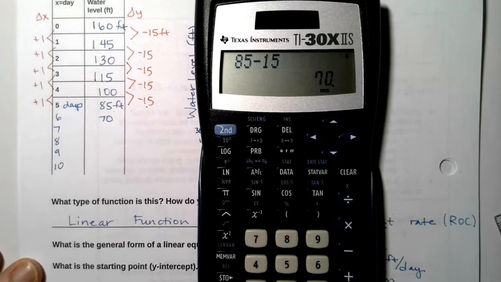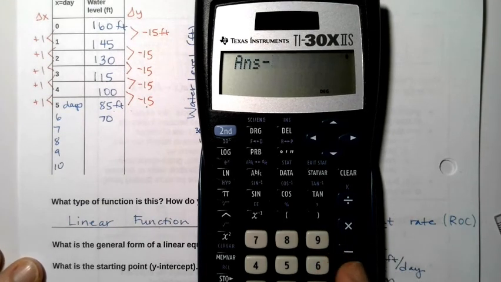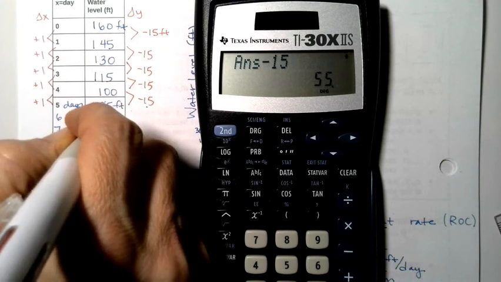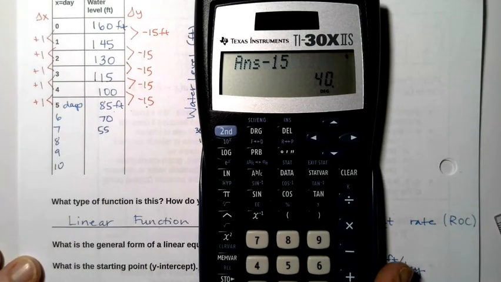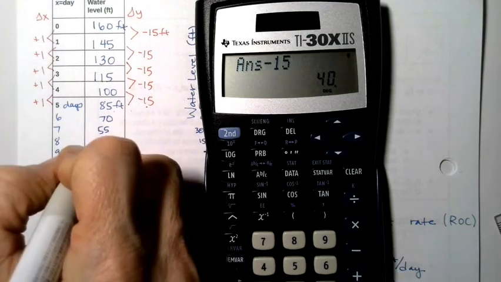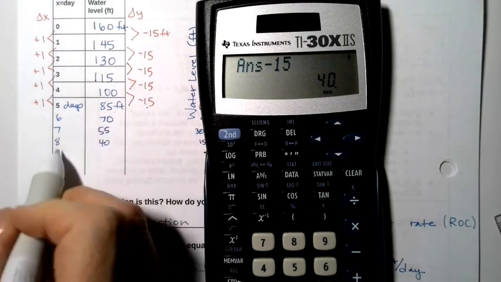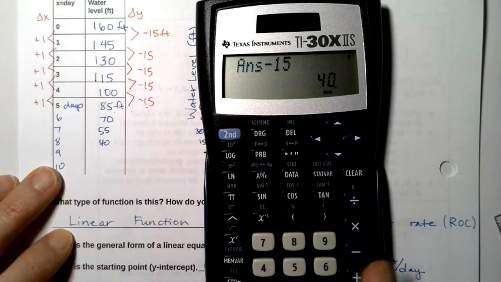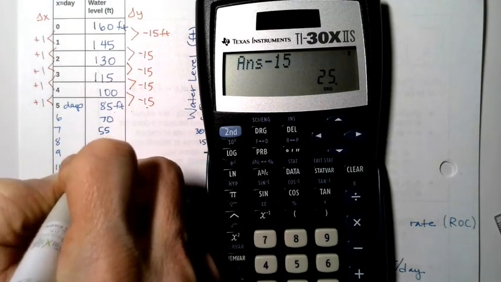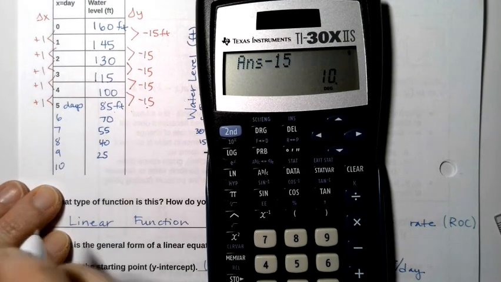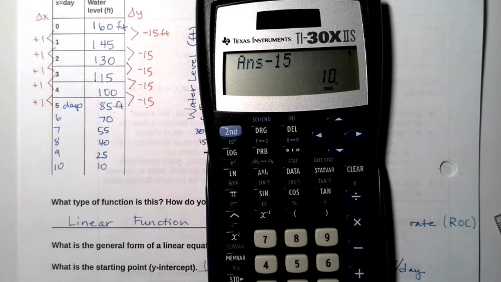If you hit subtract 15, and that's the answer minus 15, and hit enter, we now get 55. And now if you hit enter again, it's going to keep taking the answer and subtracting 15. So we would get 40 after 8 days, and it would be 25 feet after 9 days, and it would be 10 feet after 10 days.